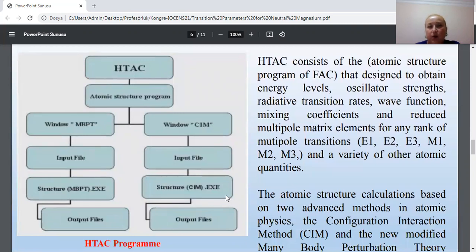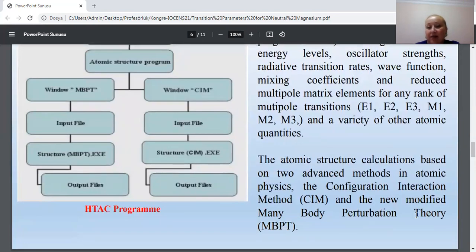We can see here also the same program. Yes, we use the same program as with silicon, the HTAC atomic structure program, and we found the oscillator strengths and transition rates of the transitions. You know that these multiple transitions are so important to understand the transition probabilities, and we have to find these transitions with these methods.